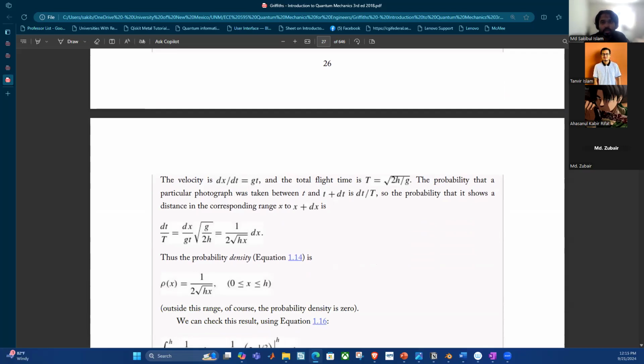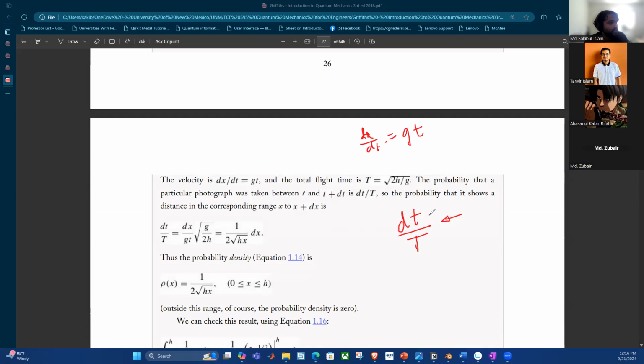We have dx over dt equal to gt. What we did, we have dt over t. This is the probability for any particle, because you are randomly taking the photographs, randomly taking images of the rock falling.